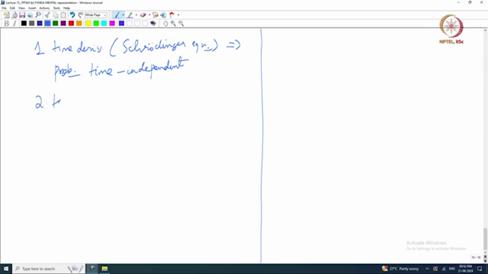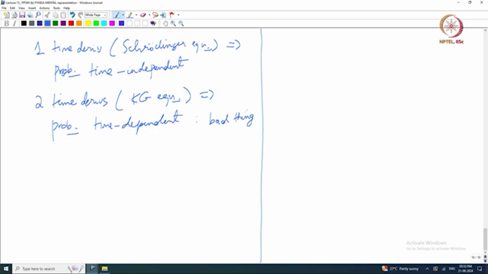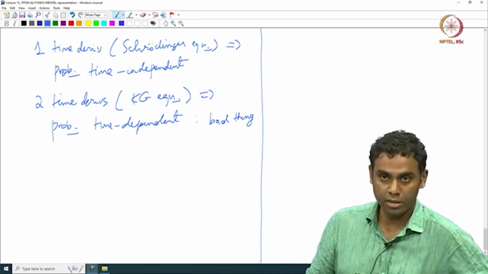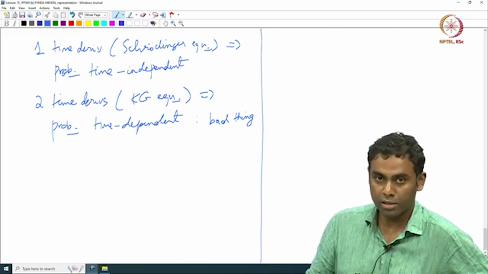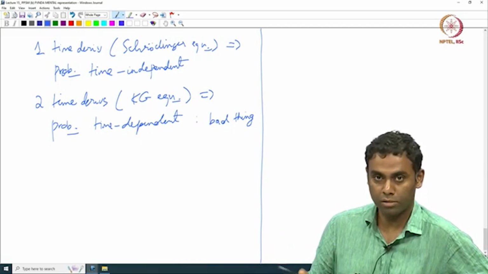Whereas if I had two time derivatives, there is no such guarantee. Like in the Klein-Gordon equation, the probability is time dependent, and that is a bad thing, right, because that does not guarantee that the probability of finding this state in other eigenstates would all conspire such that all these probabilities add up to 1.